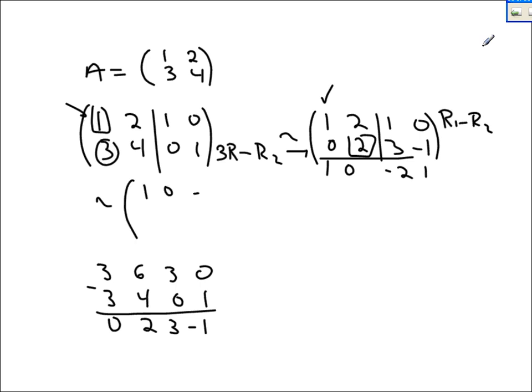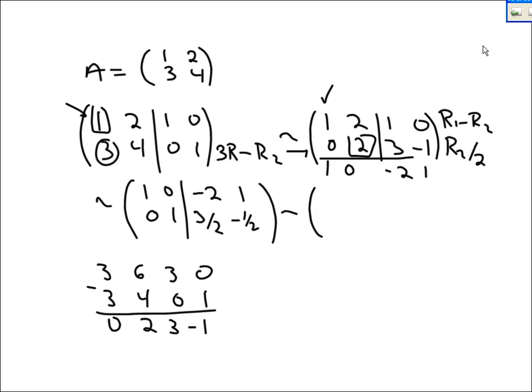In the second line, I'll divide by 2 to get my 1 as the leading entry. So basically, to the left, I have the identity matrix, and to the right, I have A inverse. That is, this here is A inverse. That is exactly what A inverse should be.